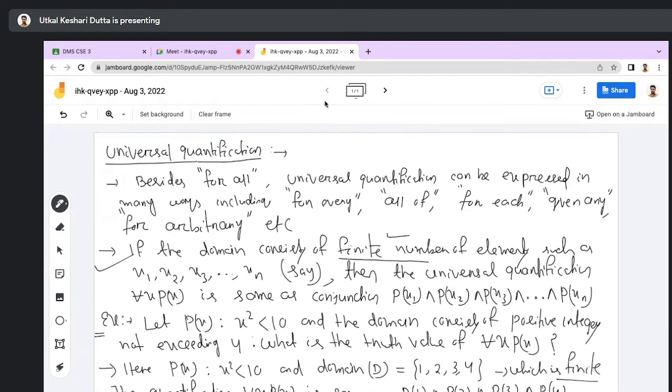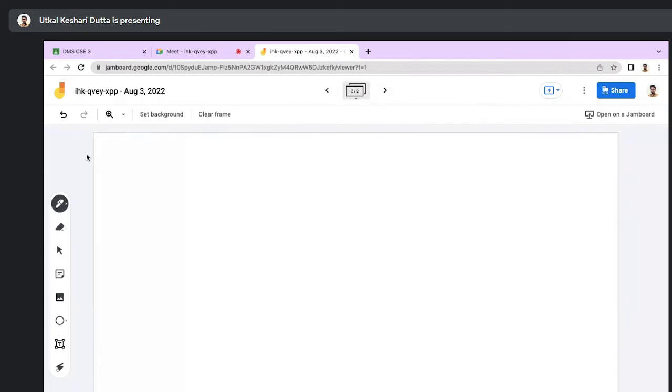Then we will go to another quantification, that is existential quantification.